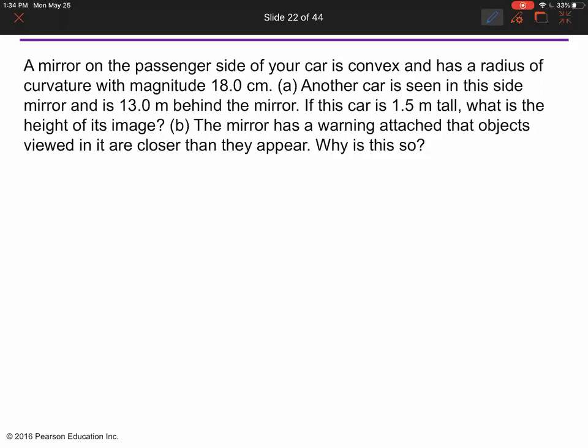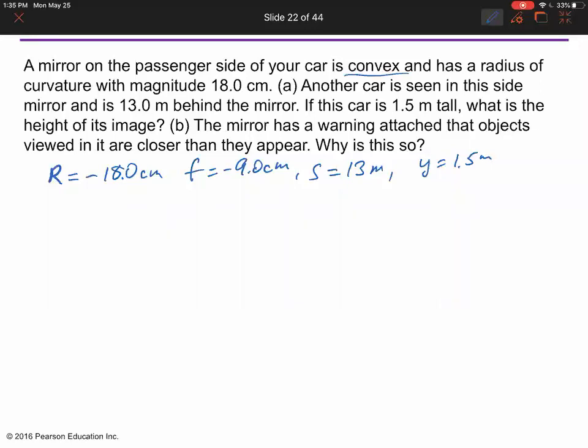We're given the radius as 18, but it's convex, so that means negative 18 centimeters. That means the focal length here is negative 9 centimeters. We're given that the object is 13 meters in front of it, and the height of the object is 1.5 meters.